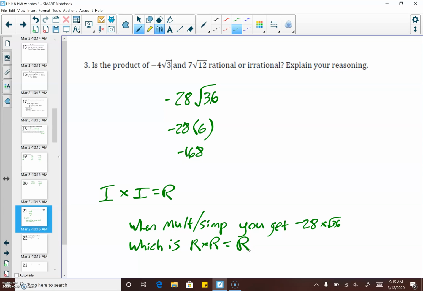So when you multiply them out and then you talk about what your product is, which in this case, again, is a rational times a rational, your answer always has to be a rational number. So in this case, our final answer here is that it's going to be a rational answer for that product.